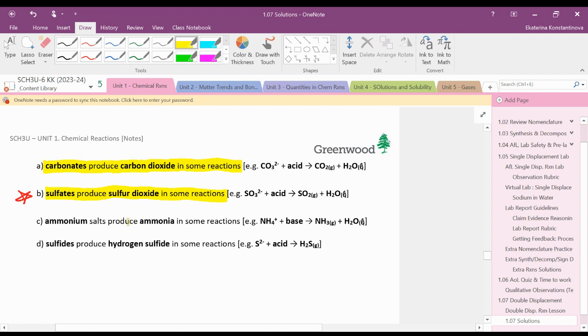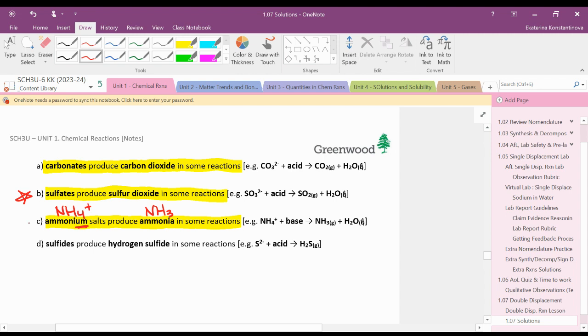Ammonium salts will produce ammonia in some reactions. Now, ammonia is NH3. Its proper name is nitrogen trihydride. However, we call it ammonia. It's a common name that you might even recognize. Whereas ammonium, that is your polyatomic NH4 plus.